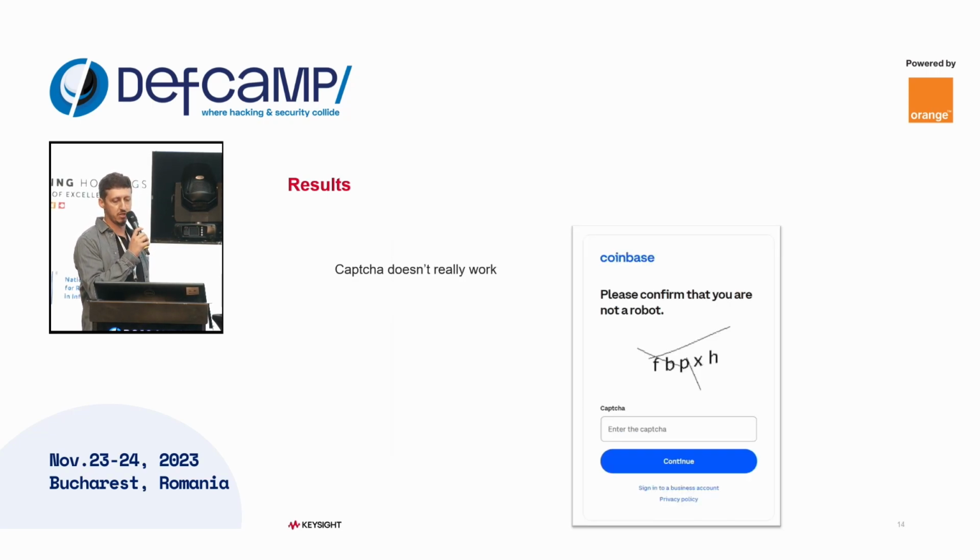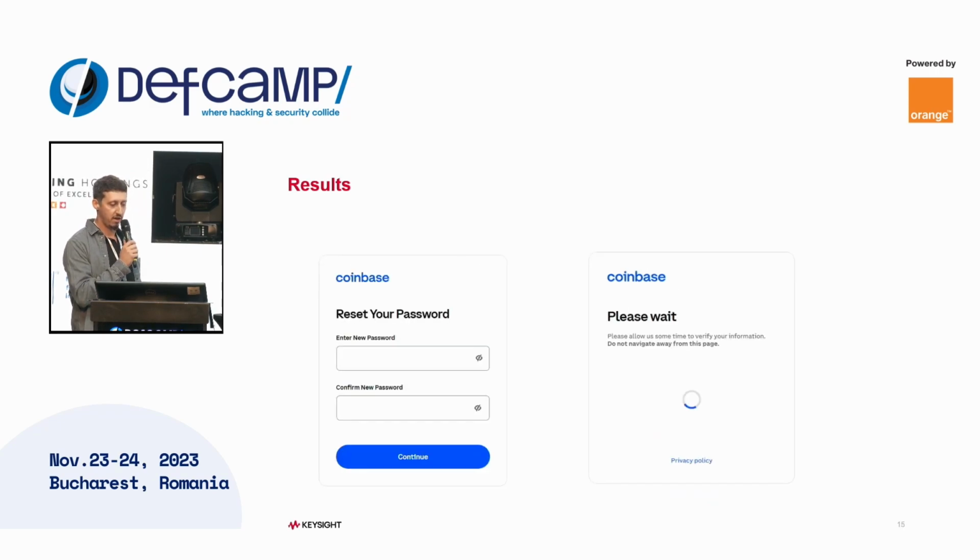Once you put your email, it's going to prompt you back with a CAPTCHA, which surprisingly doesn't actually work. You can put anything in there. It's going to say it's all good. Keep going. And finally, it asks you to reset your password and then gives you a loading screen that's never actually ending. So that's kind of suspicious initially, even if there's no alerts in your browser about certificates or whatnot.